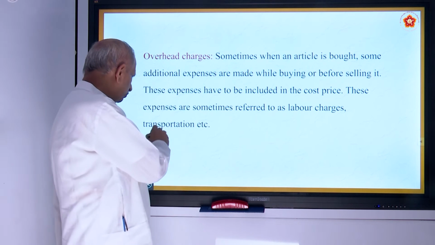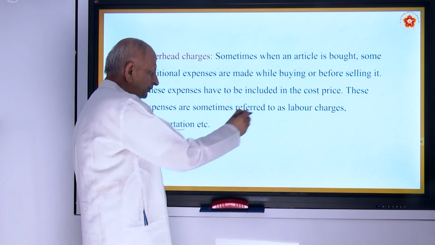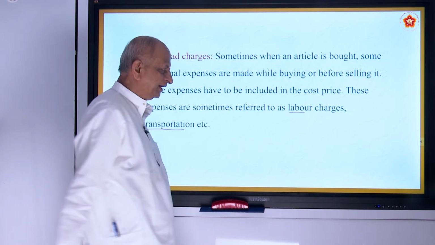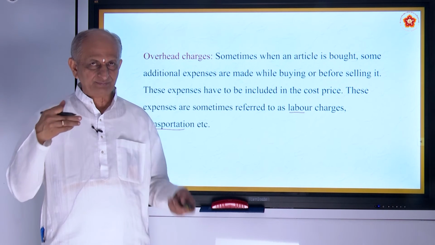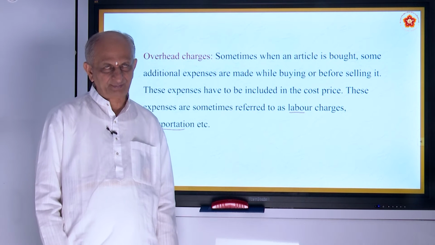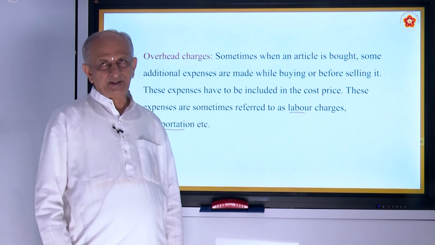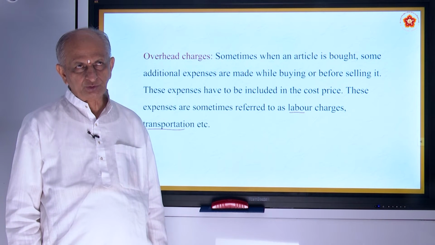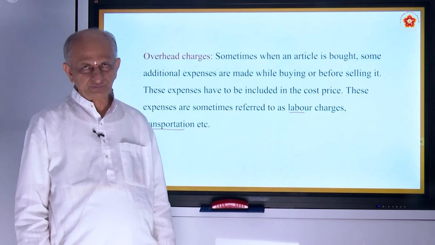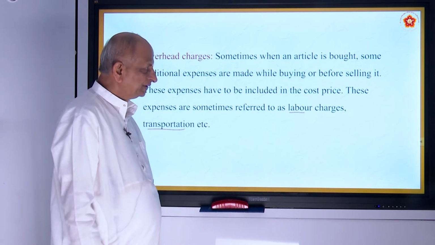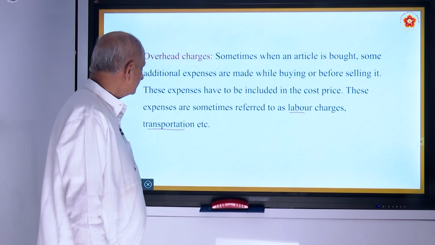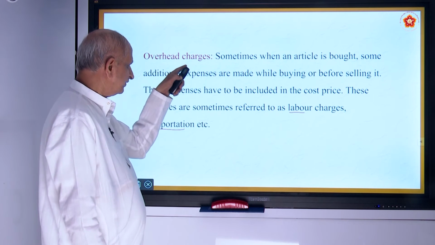It may be due to transportation, or it may be labor charges. Sometimes some things will be broken. Suppose it is a glass item or any small electronic item, sensitive, delicate. In such cases, there will be what is called overhead charges.